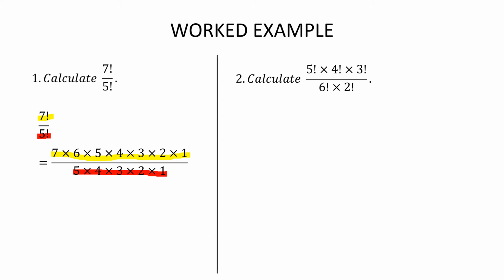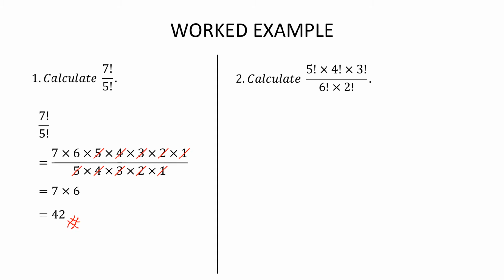So what to do next is we cancel the same numerator and denominator. 5, 5, 4, 4, 3, 3, 2 above, 2 below, and 1 above, 1 below. So what is left is 7 times 6, which is 42. Okay, simple, right? So the answer here is 42.